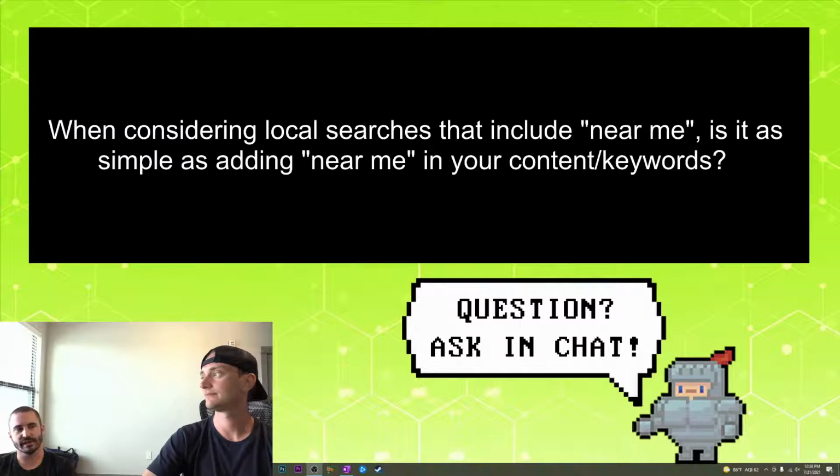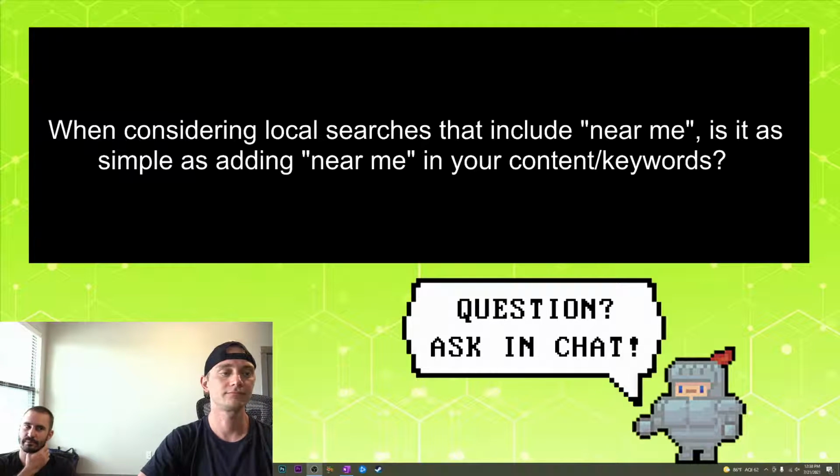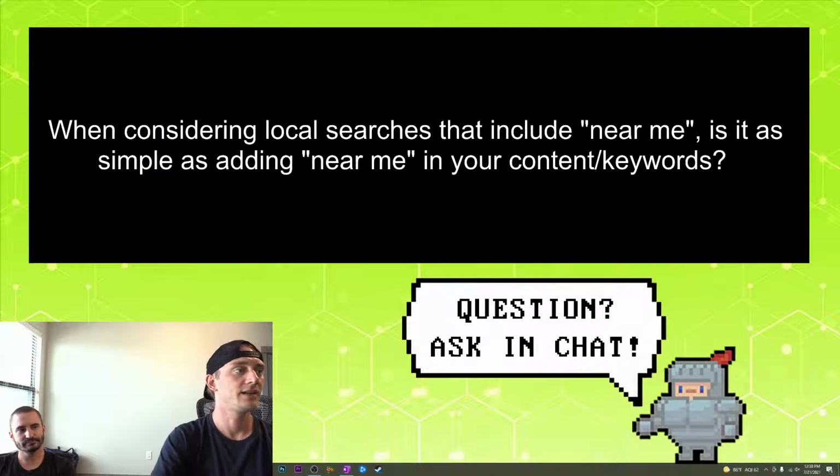But would I want to stuff that in there? No, but you can up the keyword density for that, and I think it would probably resonate okay. But overall, like Chris said, I think it's more based on proximity, and you're going to get more benefit out of being in the map pack when it comes to something like that than stuffing near me in there. Yeah, definitely not something I'd really be doing.